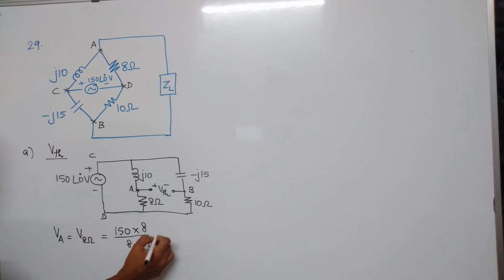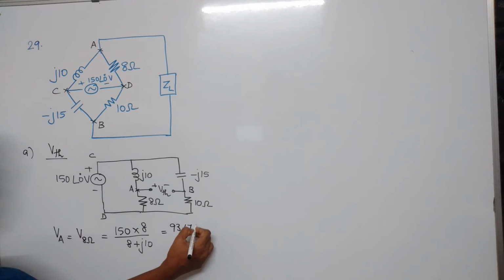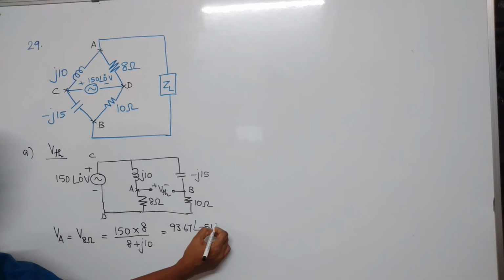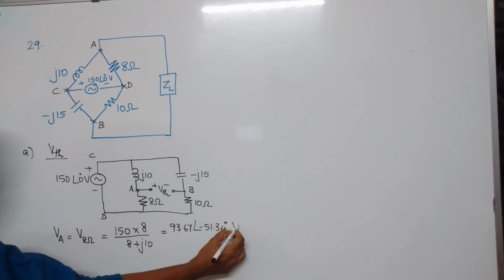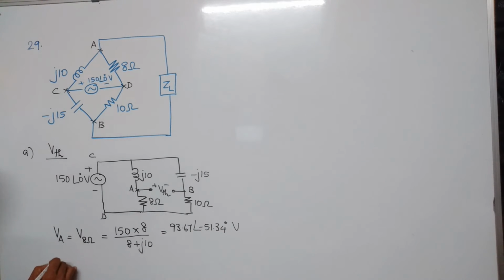Okay. Now we'll get it as 93.67 angle minus 51.34 degree volt. Similarly, we can find out VB. VB is voltage across 10 ohm, which is also the same condition.